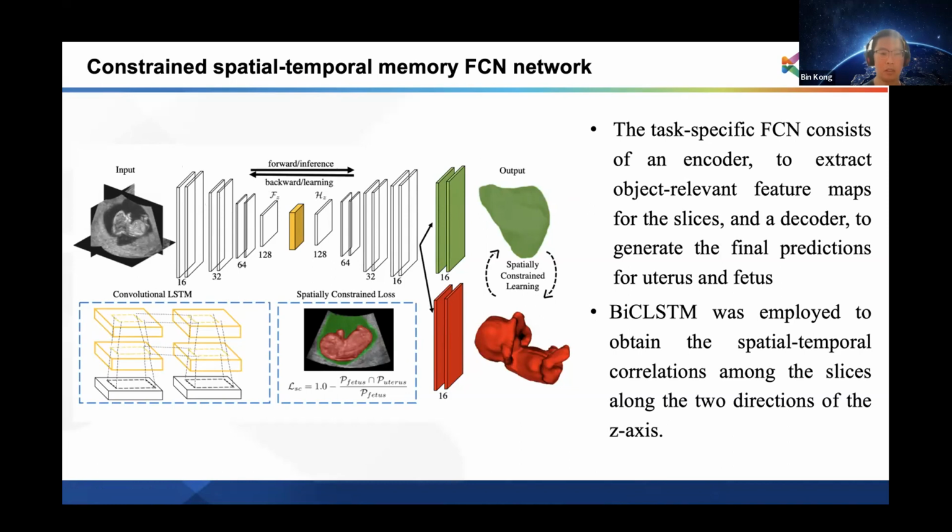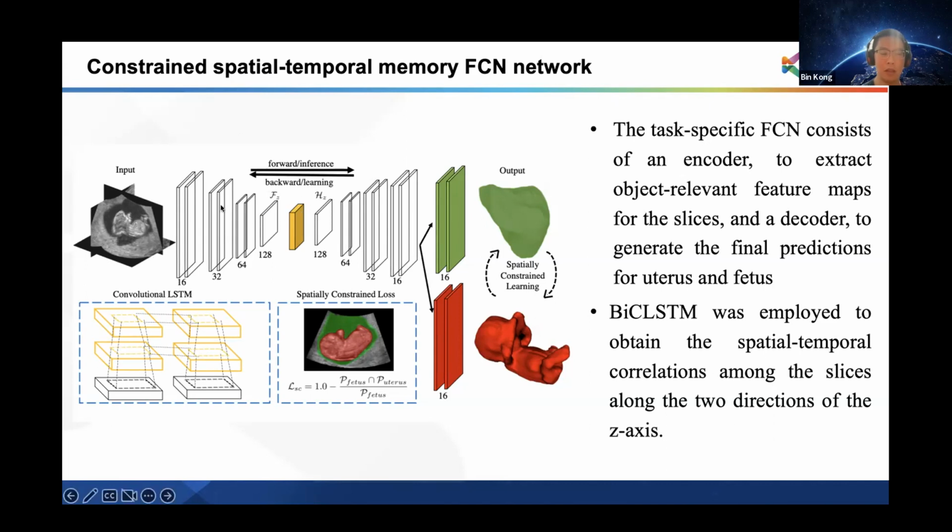Because, as I mentioned, 3D convolutional neural networks are really prone to overfitting problems, right? With just this small data set, we would like to reduce the number of parameters, right?